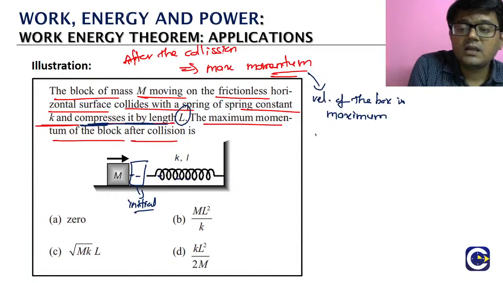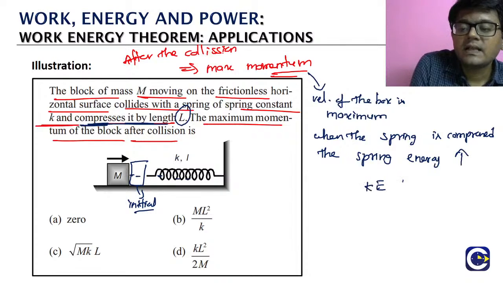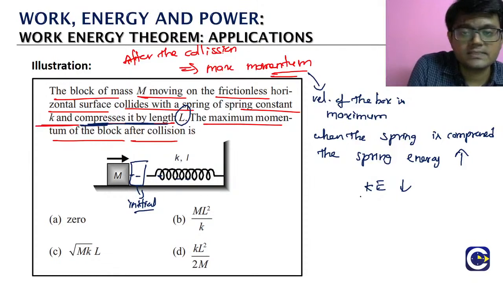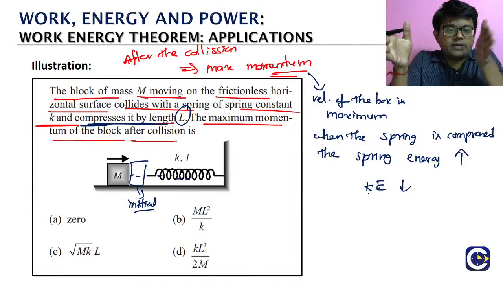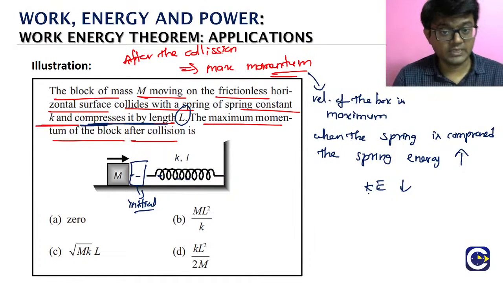When the spring is compressed, the spring energy increases, and the kinetic energy of the block decreases, right? So it will keep slowing down. Finally at the maximum compression state, it will come to rest.